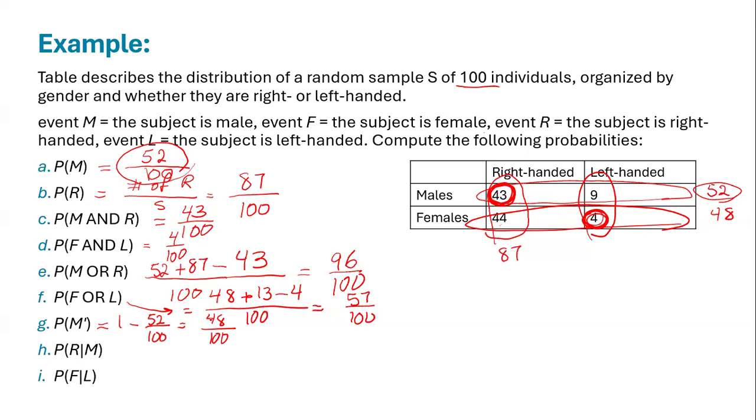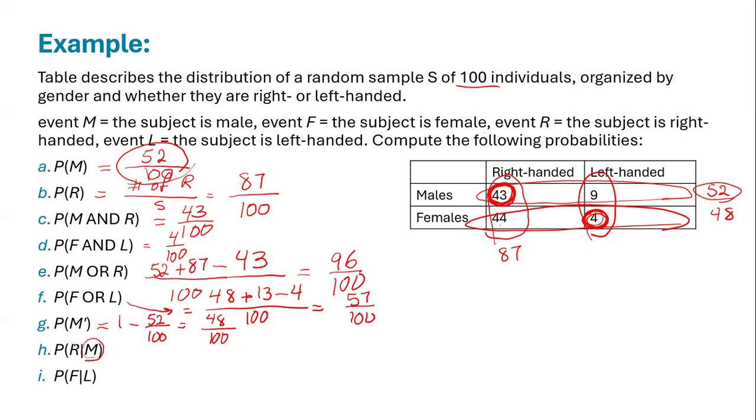Next part, we want to find the probability of R given M. We want to find the probability that the subject is right-handed, given that the subject is male. That means out of the males group, you need to look for the right-handed ones. How many males do we have?